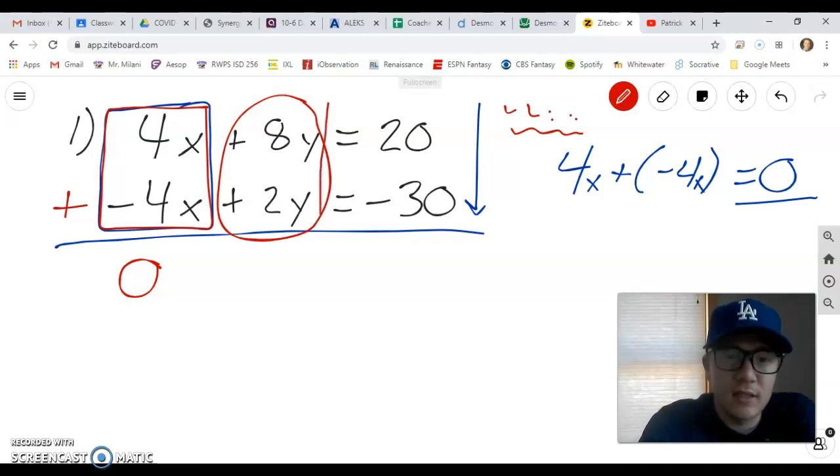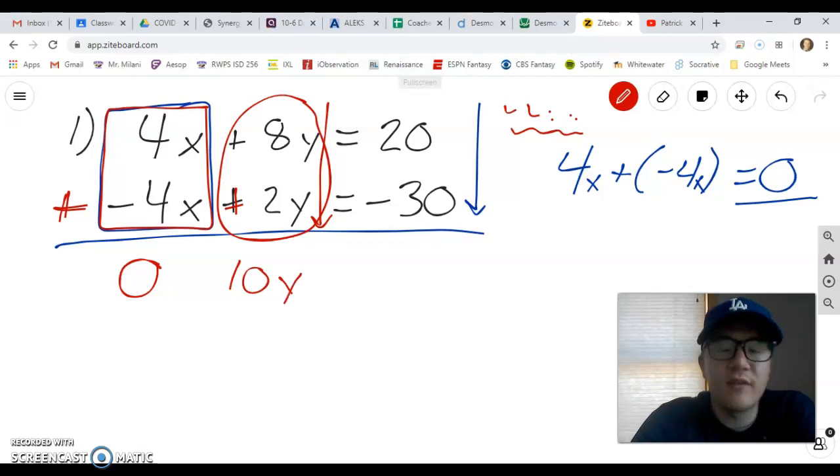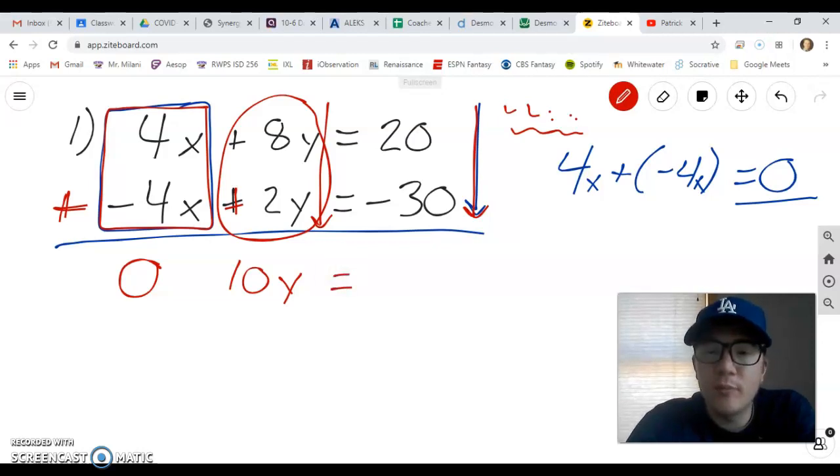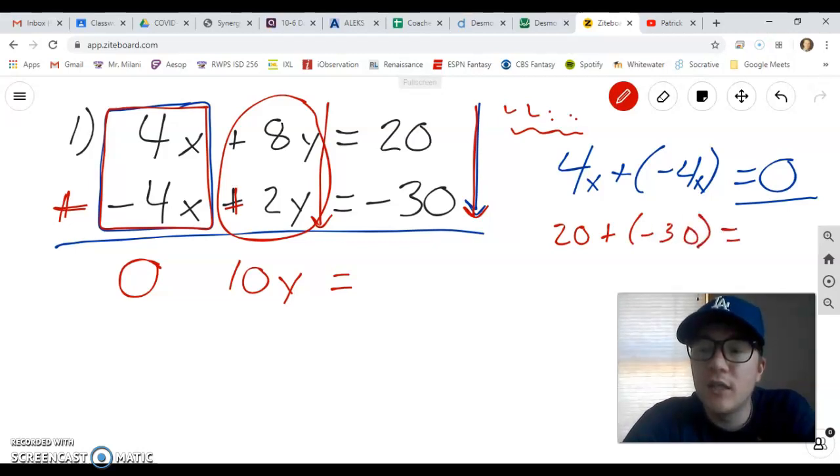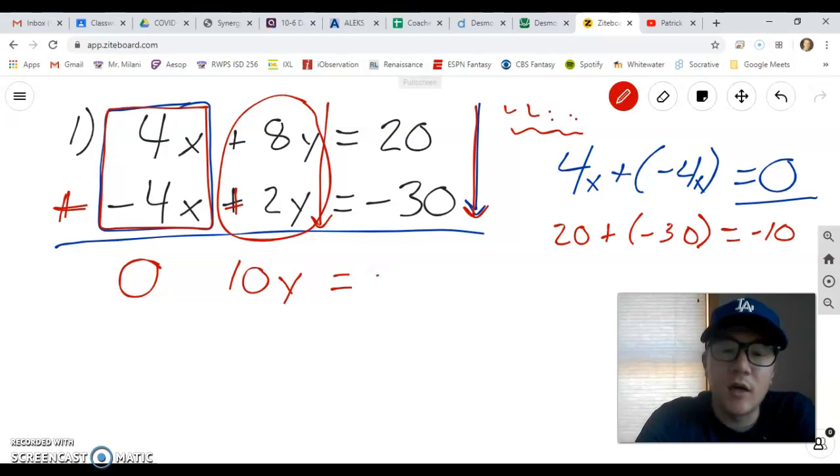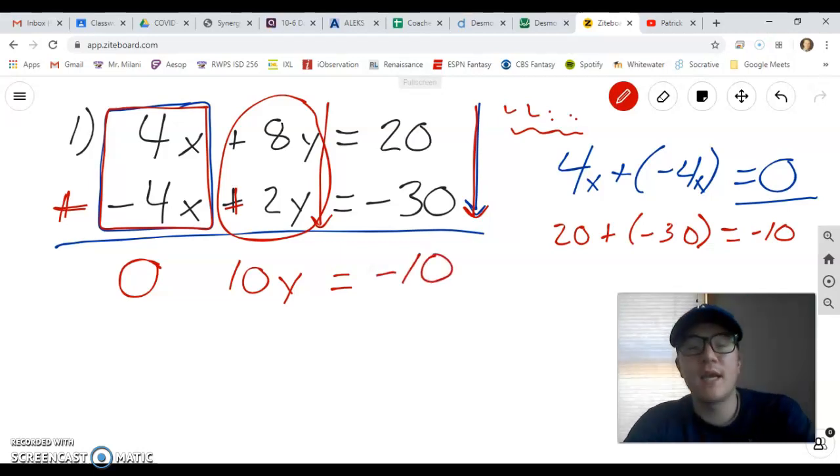So adding these, 8y plus a positive 2y is going to give us 10y total. And then we're going to combine this 20 plus a negative 30, which is the same thing as just 20 minus 30, and that's going to equal negative 10. So you're going to end up with 10y equals negative 10.